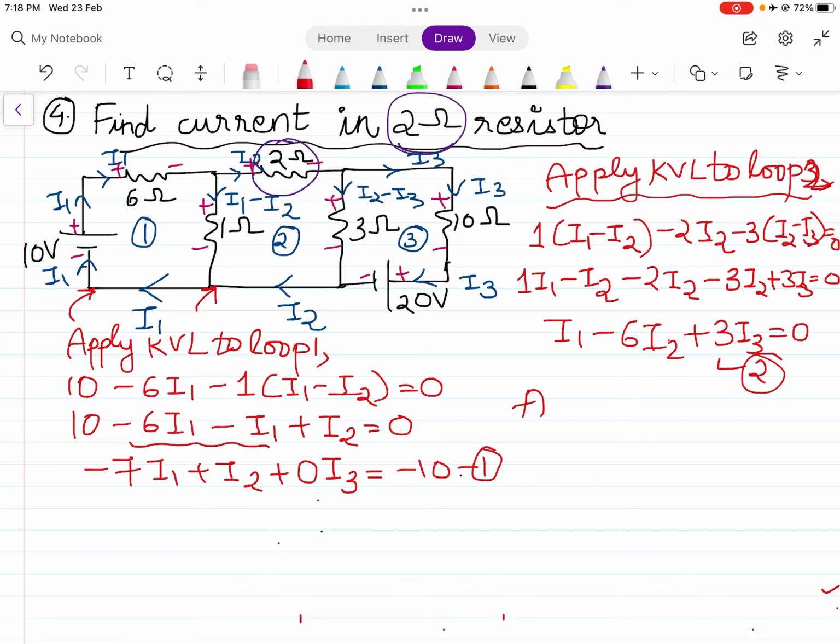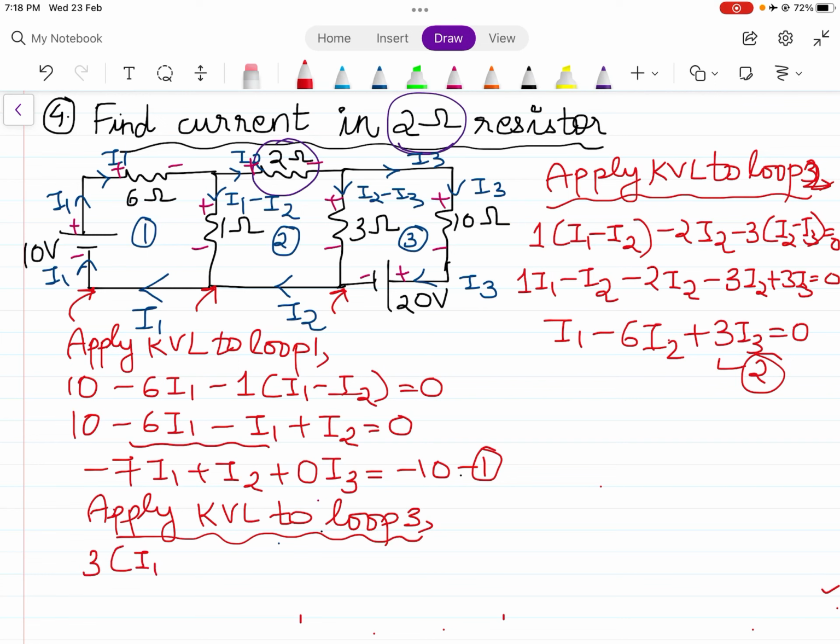Next is apply KVL to loop number 3. When I apply KVL to loop number 3, starting from this point, negative to positive plus 3 times I2 minus I3, then positive to negative minus 10 I3 minus 20 equal to 0.